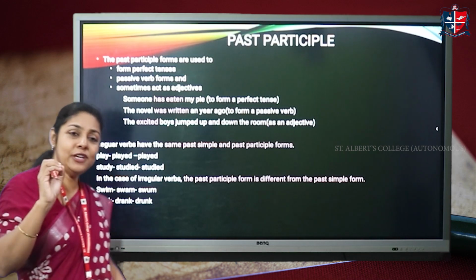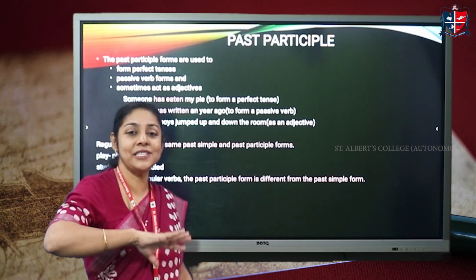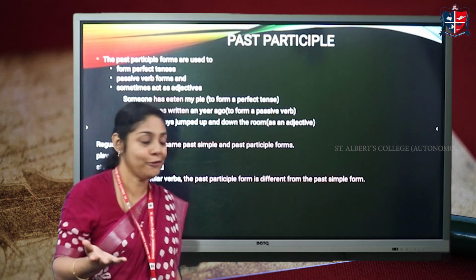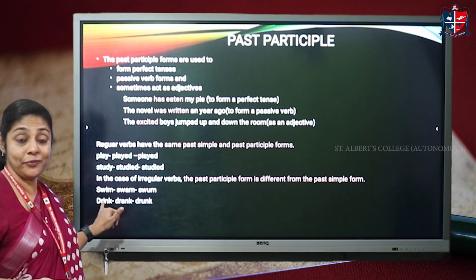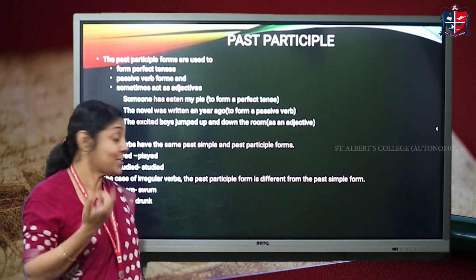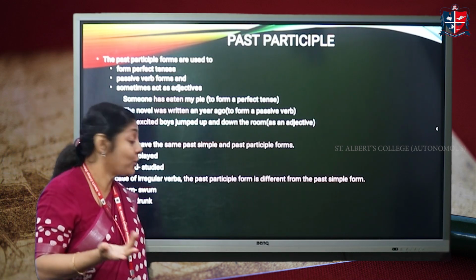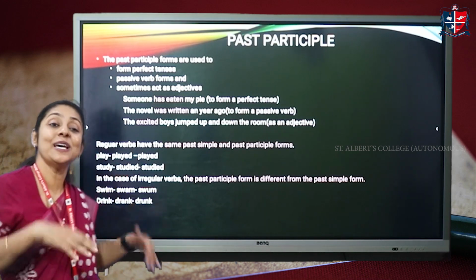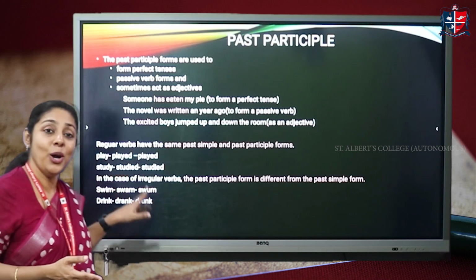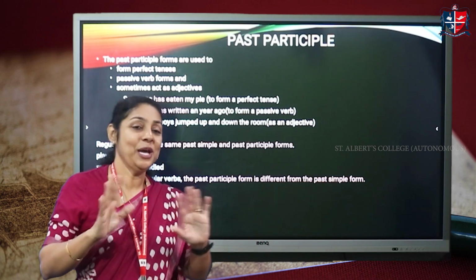But in the case of irregular verbs, the participle form is different from the simple past tense. It's not the ed form. Swim. He swam in the lake. He has swum. Drink. He drank some water. He has drunk some water. So we see how the irregular verbs are very different from the regular verbs.